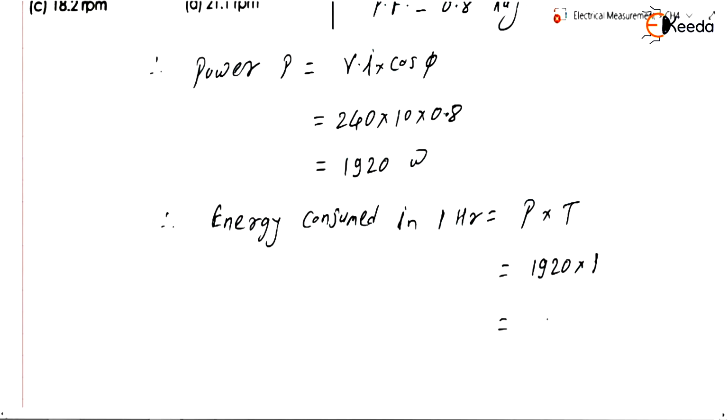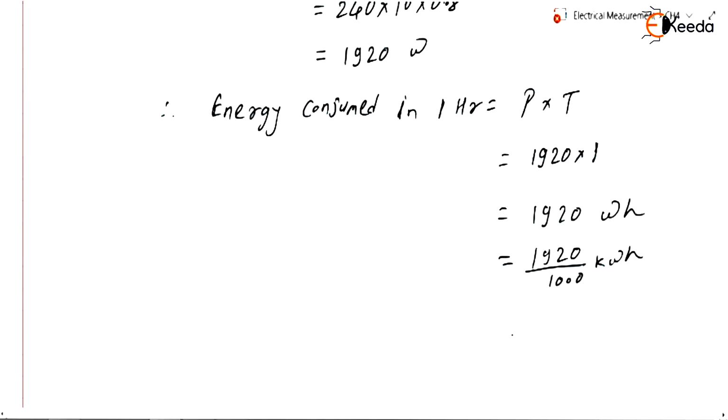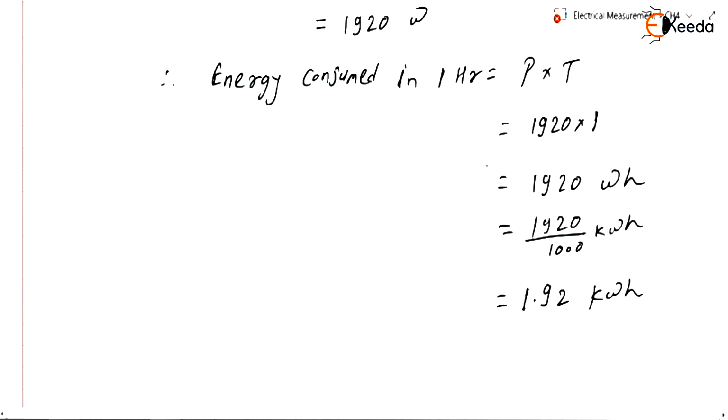So it is 1920 watt hour. In kilowatt hour it is 1920 divided by 1000, so we can write it as 1.92 kilowatt hour. So corresponding to 1 hour, what is the energy consumption? It is 1.92 kilowatt hour.